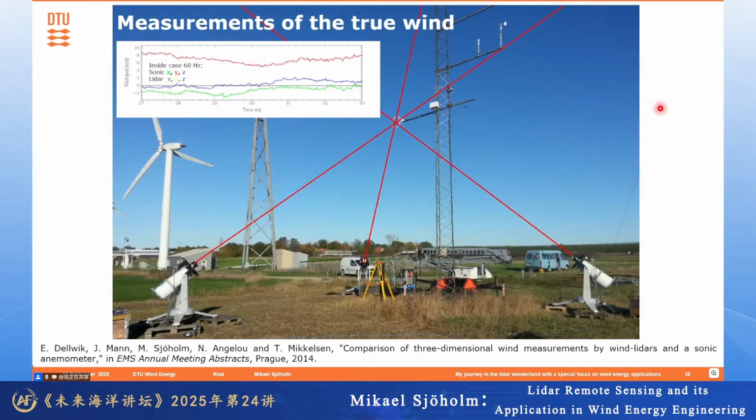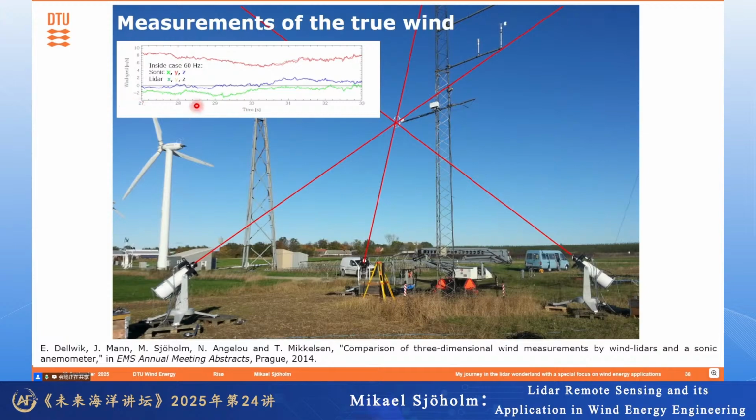sonic anemometer. You need to point here. Where you see the red lines crossing, you have a sonic anemometer. And if you look very carefully here, we have placed the 3 components of the wind measurements, and actually there are 2 red lines and 2 blue lines and 2 green lines.